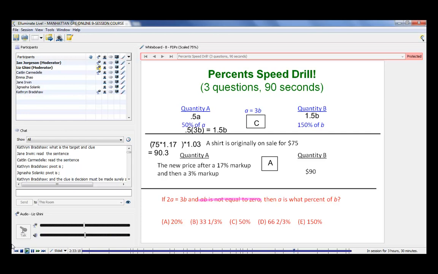Jane has it. If 2a is equal to 3b, then a divided by b, I divide both sides by b, is going to be equal to 3 divided by 2. So a over b equals 1.5, or a equals, as Jignasha is saying, 1.5b.